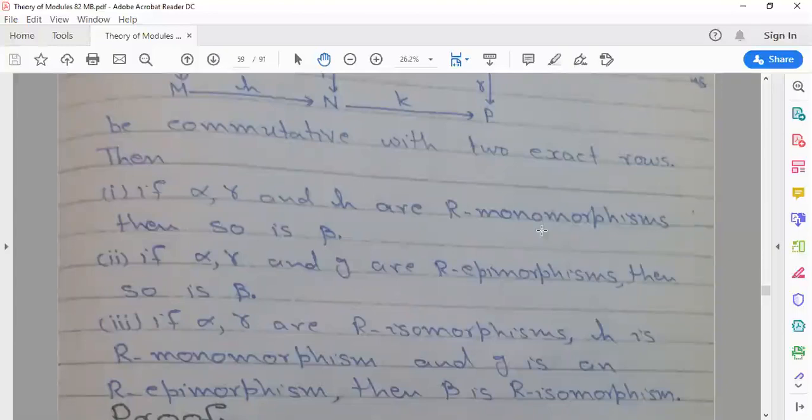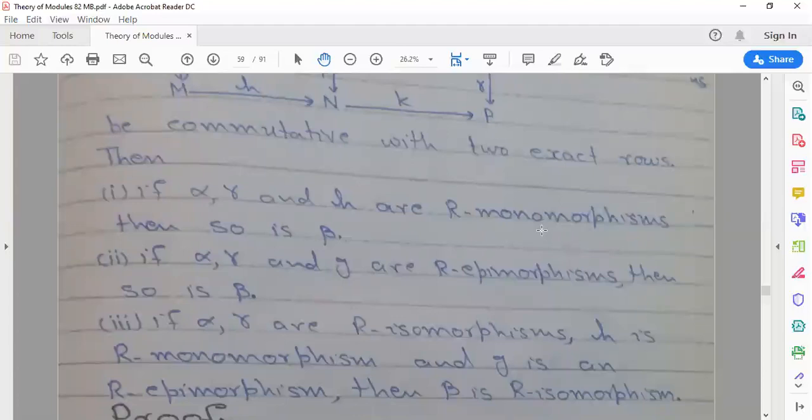We take two elements from the module, add them and apply the function; the result is one element mapped by the function plus the second element mapped by the function. The second condition: we take one element r from the ring R and a second element m from the module M. The multiplication of those two elements assigned to the function f gives r times f of m. So these are the two conditions for a homomorphism.